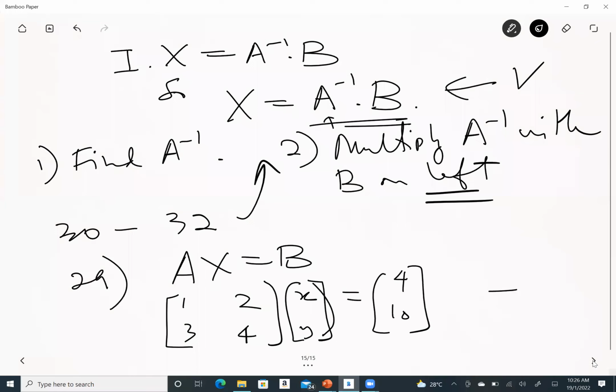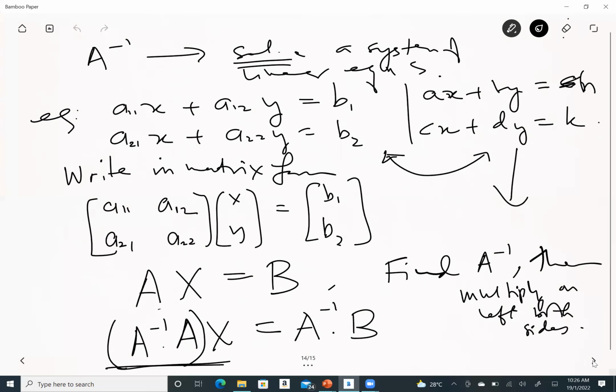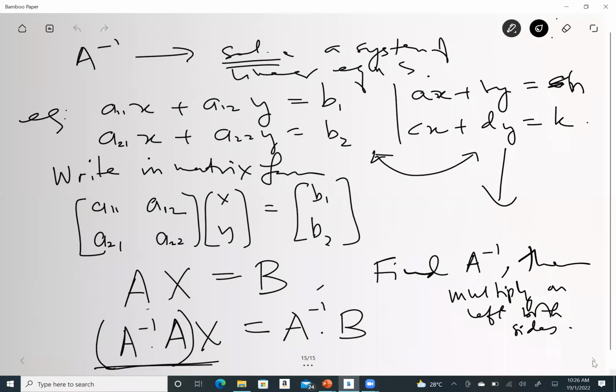So that's the matrix form of the linear equations. Then you use that method, get the inverse, and then multiply with B. I give you a few questions, you practice. I think the method is quite straightforward. Any questions? All right, good.